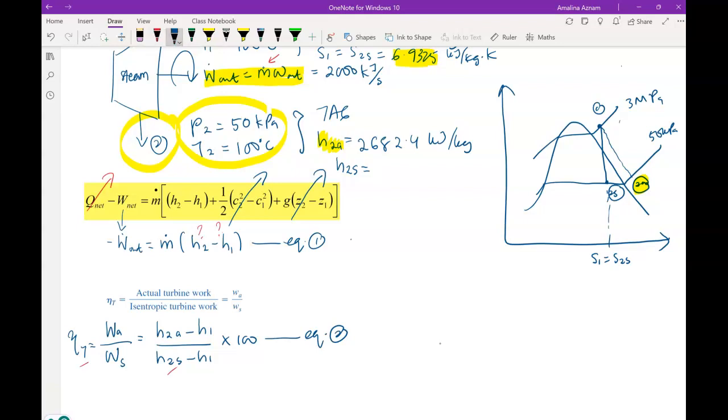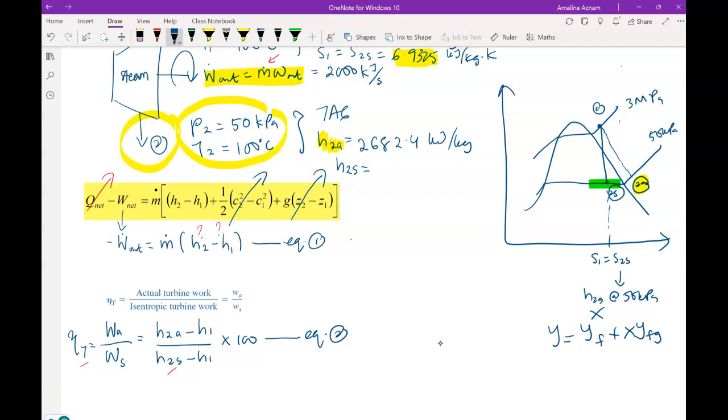Recapping, your H2S at 50 kilopascal is in the mixture region. When it is in the mixture region, you need to find the quality X using the equation Y is equal to YF plus X YFG.